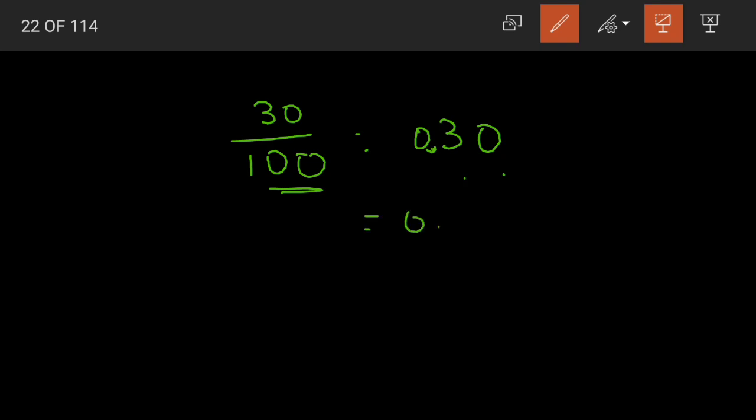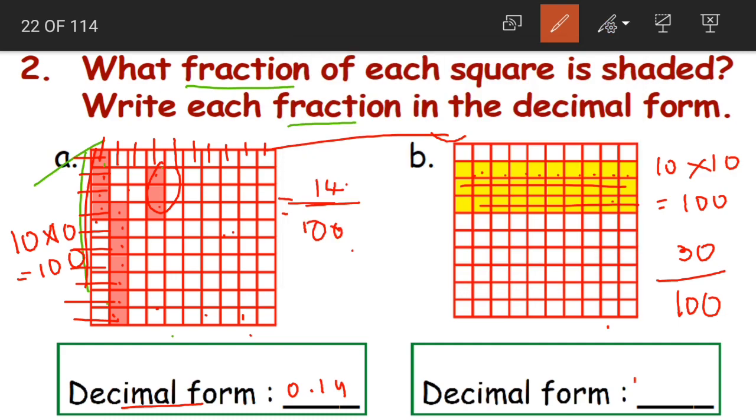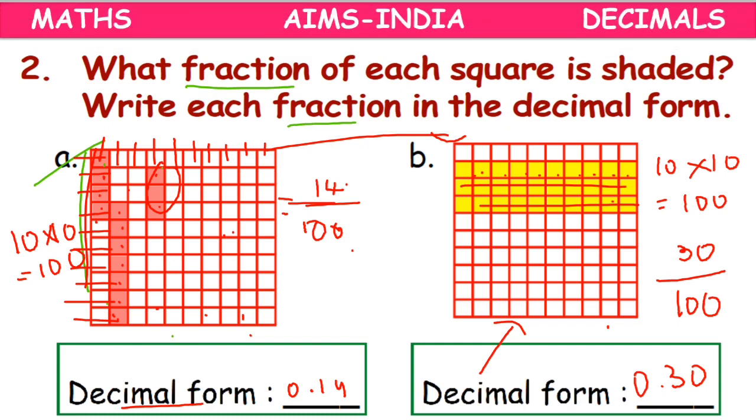And in decimal form, again we need to make it a 3-digit number. So 030 becomes our number, and in 100 we have 2 zeros. So after 2 digits from the right, I will place my decimal point. 0.30 becomes our answer. 0.30 is the decimal number that represents the given figure.